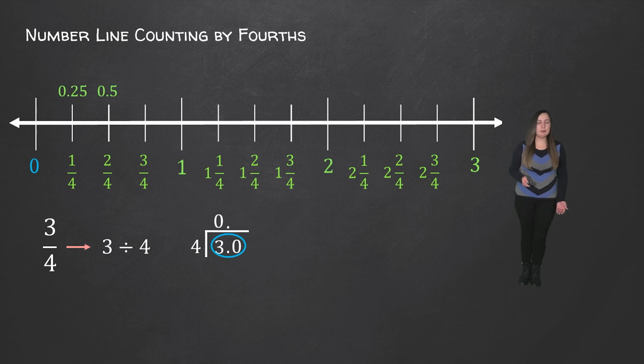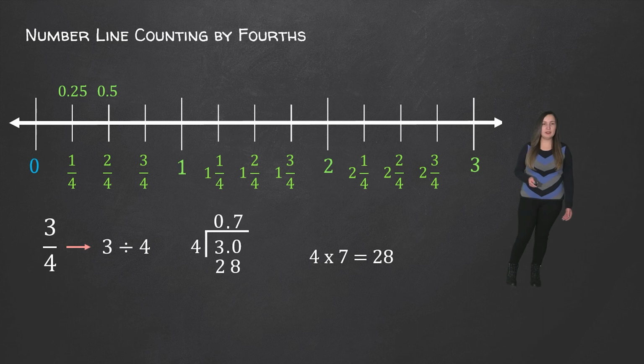Then ask yourselves, how many times does 4 go into 30? Well, 4 goes into 30 7 times, and that's because 4 times 7 is equal to 28, and that's as close as we could get without going over. So we're going to go ahead and write the 28, and then we're going to subtract. 30 minus 28 is equal to 2, so we have a remainder, so let's add another 0.